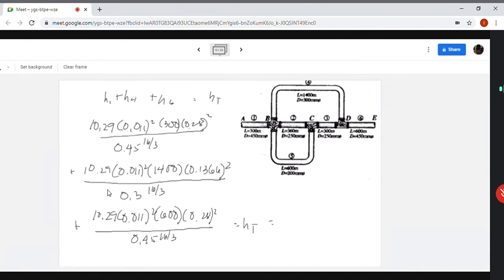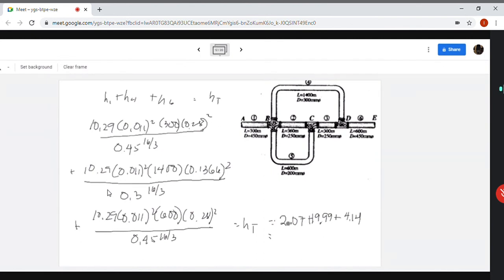So head loss 1 is equal to 2.07, plus head loss for the 1,400 length with 0.1366 and 0.3 diameter, which is 19.99, then plus 4.14 for the 600 length. So we add all: 4.14 plus 19.99 plus 2.07.